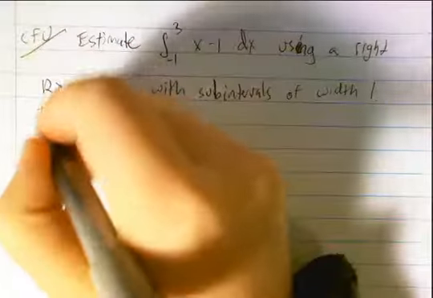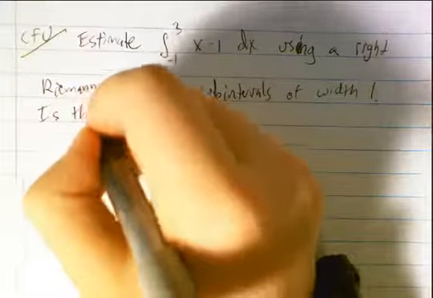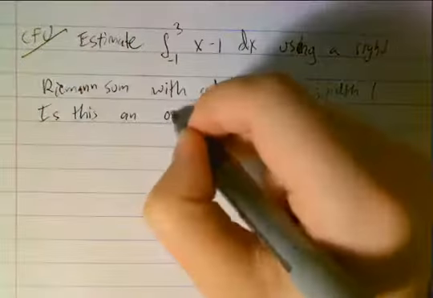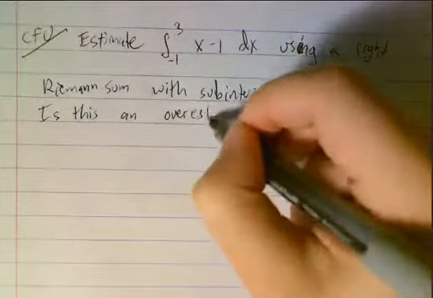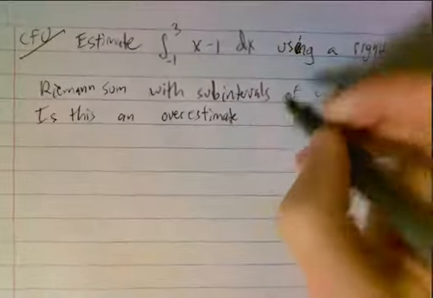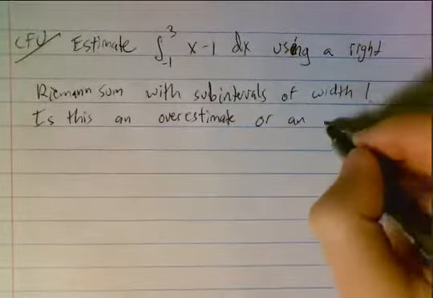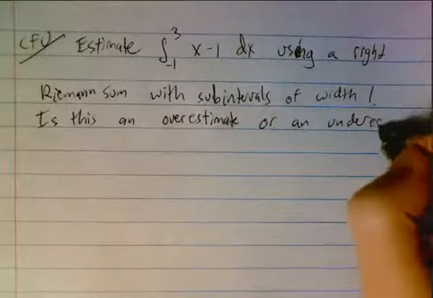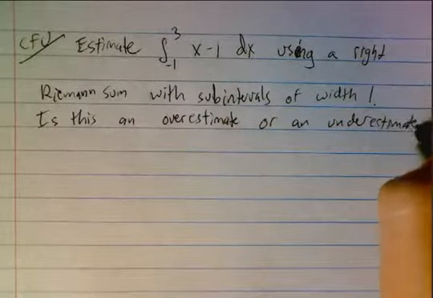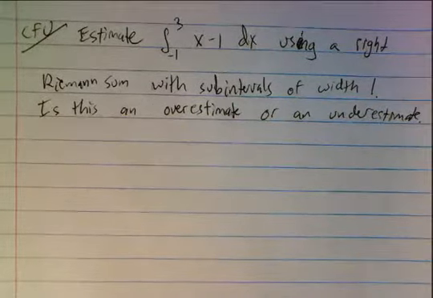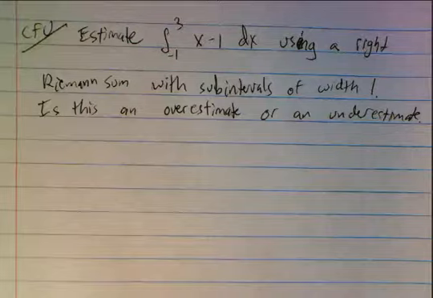And then I also want you to answer, is this an overestimate or an underestimate? Try this on your own and restart the video when you're ready. Pause the video now.